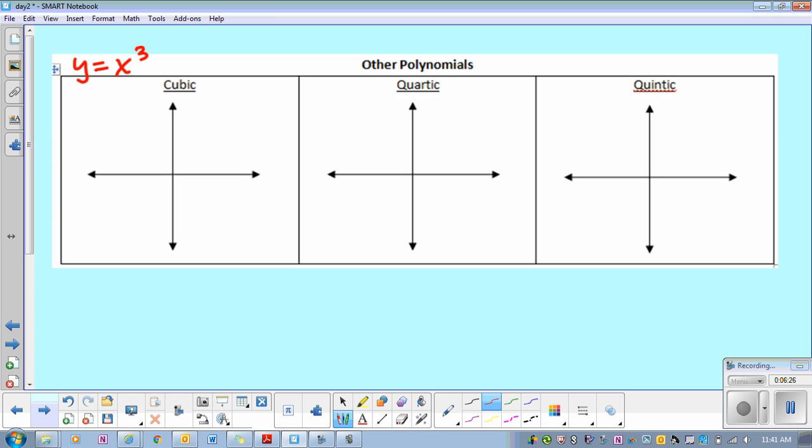Good. So a cubic function is kind of interesting though. It could look like that, which doesn't really have any other terms, right? So this is the parent function. But it could also look like this. And we could put a smaller graph next to it just to kind of show.